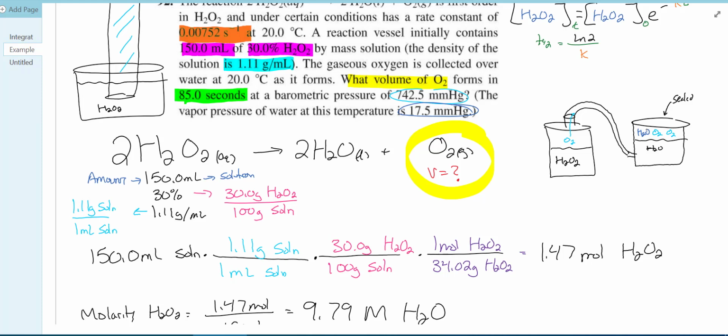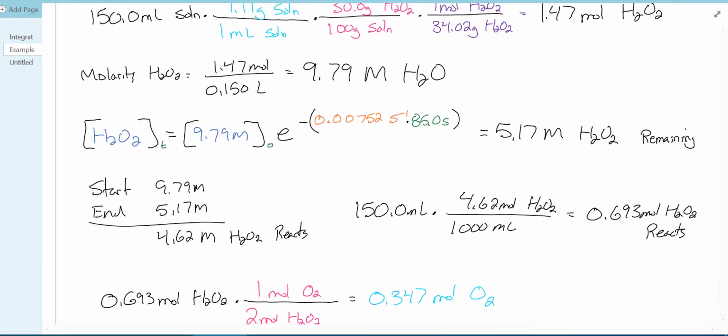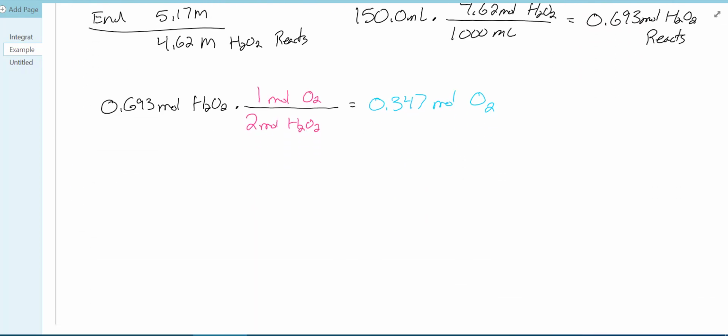The pressure just measures the total pressure. It doesn't measure the individual pressures of oxygen. And so we know the vapor pressure of water because it's totally temperature dependent. We know the vapor pressure of water, so we can subtract the water from the total and get oxygen. And so that's what we're going to do. So the pressure of O2 equals the pressure total minus the pressure of H2O vapor.